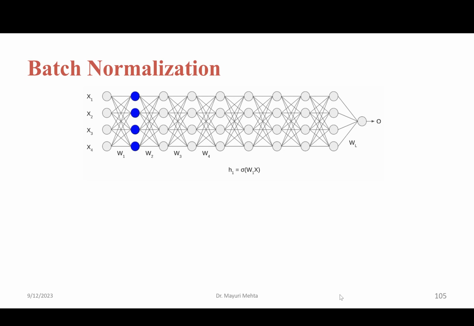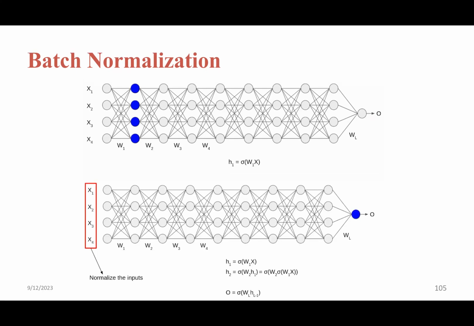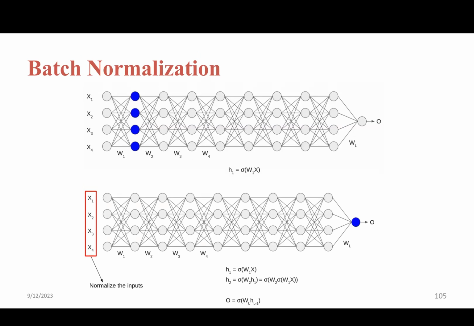Okay, fine. Now, although the input to our neural network is normalized, as it passes through layers, it was normalized, but with time, output will no longer be on the same scale.